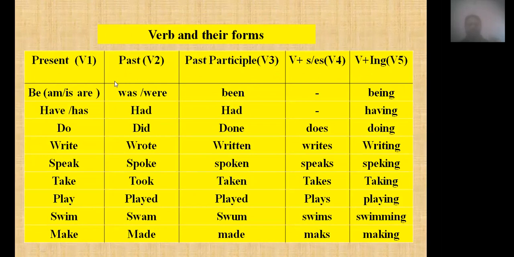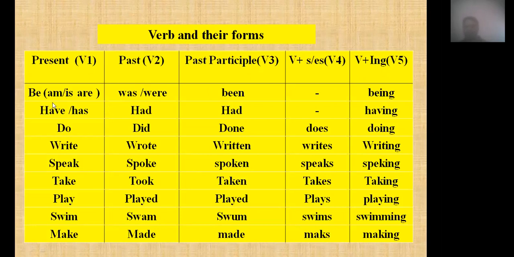In modern times, verb present is called V1, the past form is called V2, the past participle form is called V3, s or es is called V4, and verb plus ing is called V5. Let's see some forms of verbs.